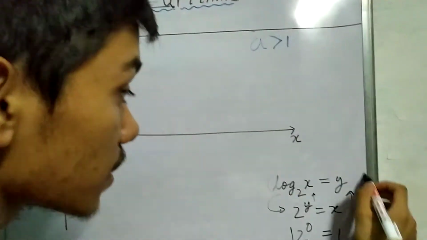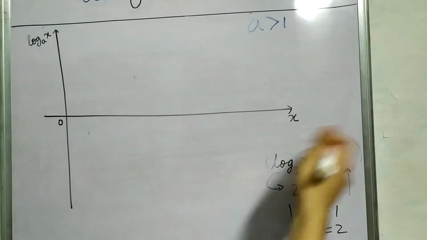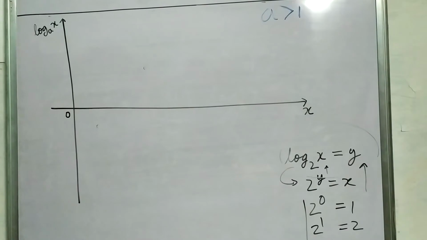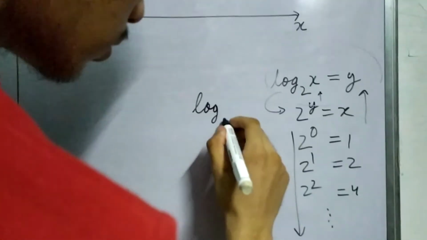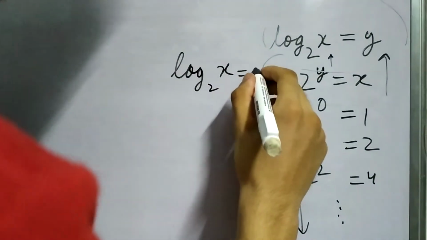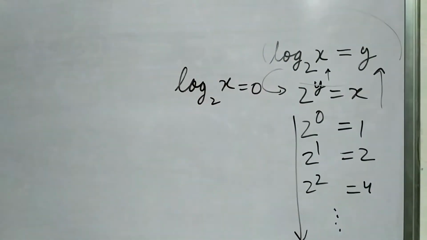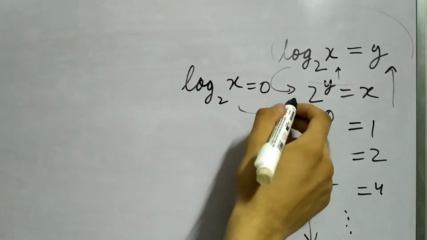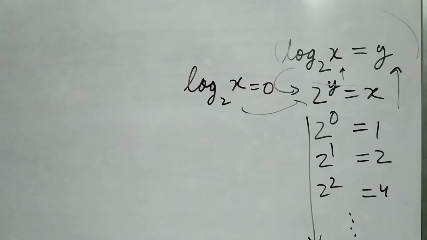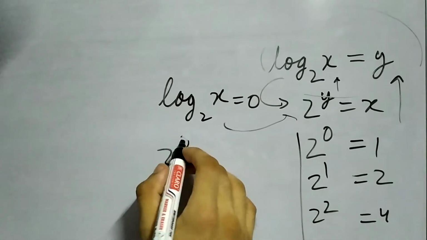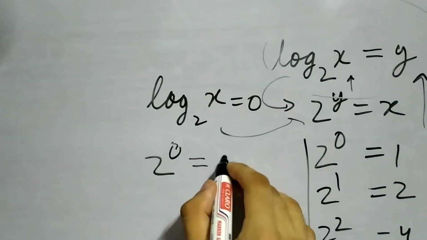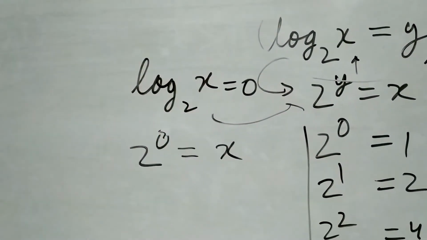Where will this be 0? It's important to find zeros of these graphs. So log 2 x equal to 0 for what x? Now if you change it into this exponent format, it becomes very easy to see. 2 to the 0 is x, and anything to the power 0 is 1.